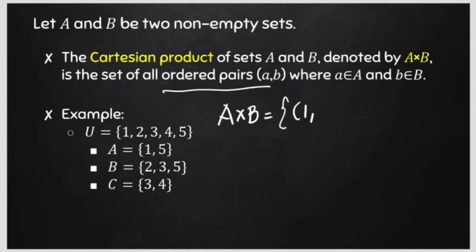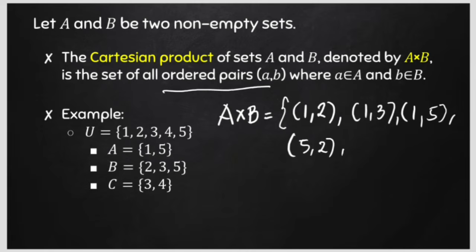And my second coordinate should be from set B, so I can have (1, 2), (1, 3), or (1, 5). Could also have (5, 2), (5, 3), and (5, 5).